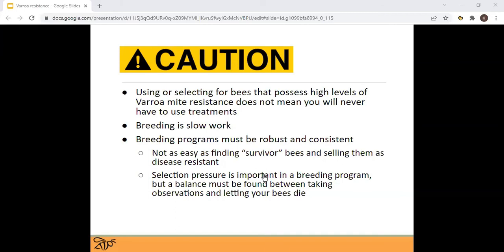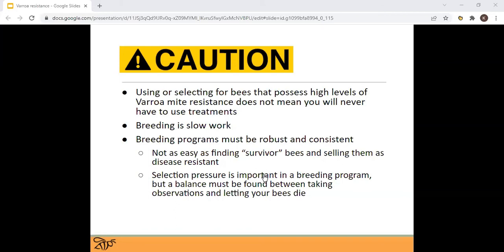First, breeding for Varroa mite resistance does not mean you're never going to have to use treatments. If it were that easy, we wouldn't still be talking about Varroa mites. We can't dismiss what we learned in the previous talks. No matter what, the most important thing you can do for your mite levels is monitor and respond with chemical controls when they start getting to threshold levels.